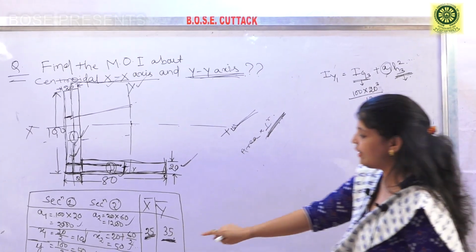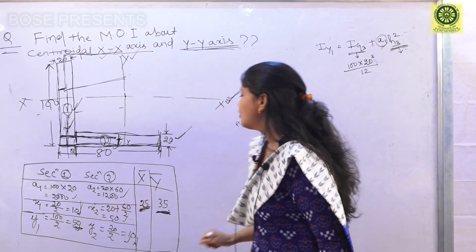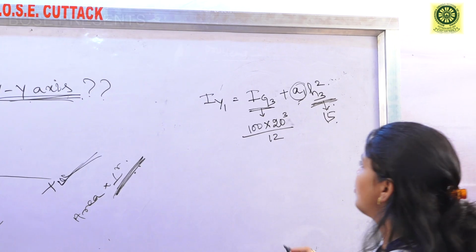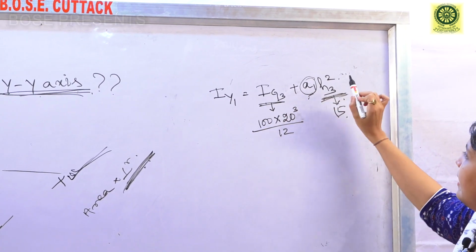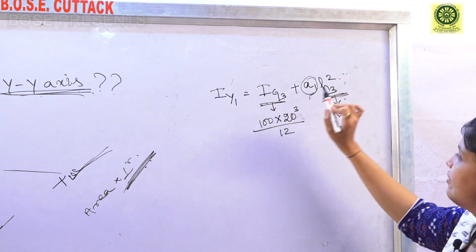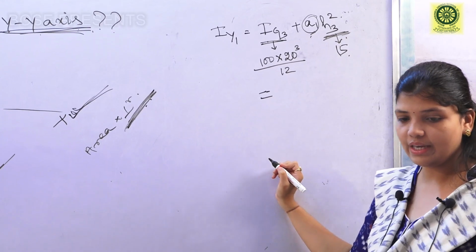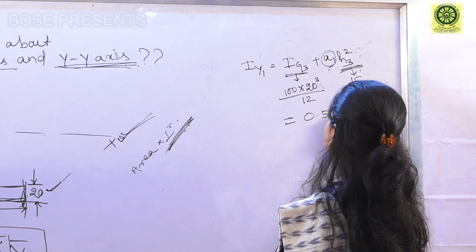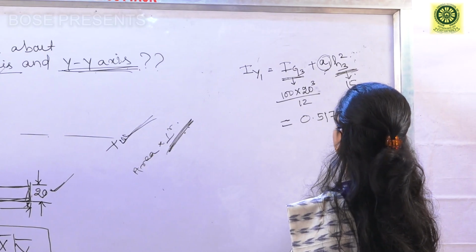That is 25, because x bar is 25 and x1 is 10. So the distance will be 15. So now we have the value of Ig3, A1 and H3. If we put these values, we will get Iy1 equal to 0.517 into 10 to the power 6 mm4.